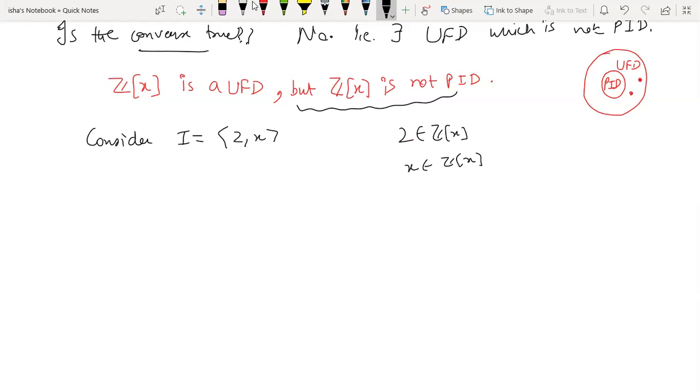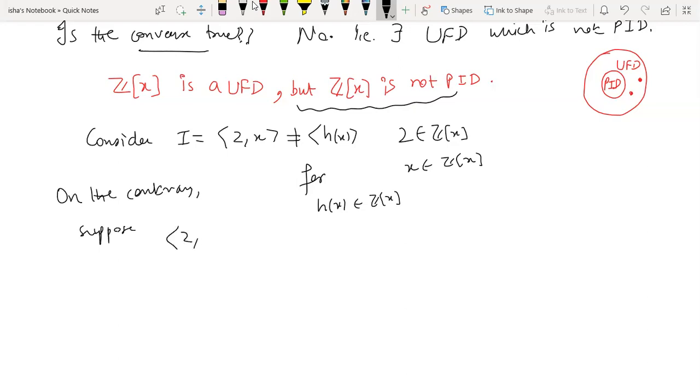Now I will show that this ideal is not generated by any single element of Z[x], right? For some h(x) belonging to Z[x]. This is what I want to show. So on the contrary, suppose this is being generated by some single polynomial h(x).